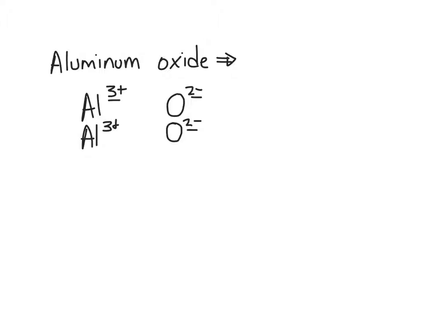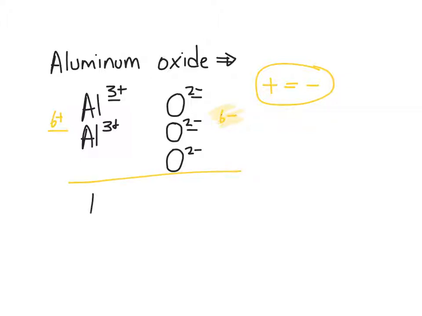Oh wait, there's only 4. Now I'm going to go O2 minus, and now I've got 6 minus over here. Does everybody see that? Okay, so 6 minus on this side. And then over here I've got 6 plus, which is really important because, as I said, pluses are to equal the minuses. Well, then when we write it out, how many aluminums have I written? Well, I've got 2 aluminums, and how many oxides? 3.